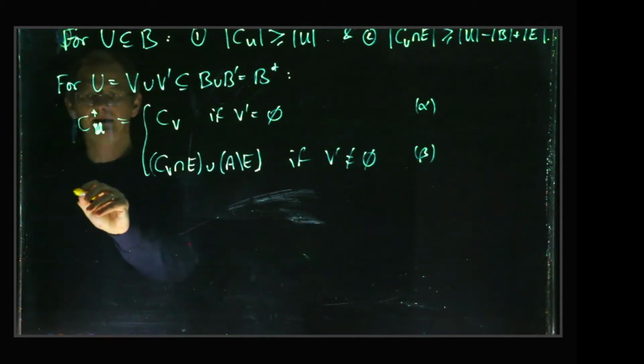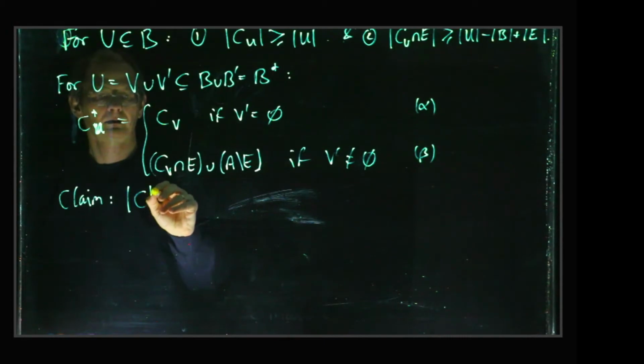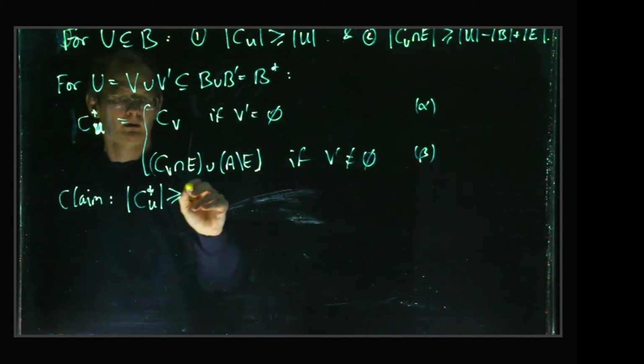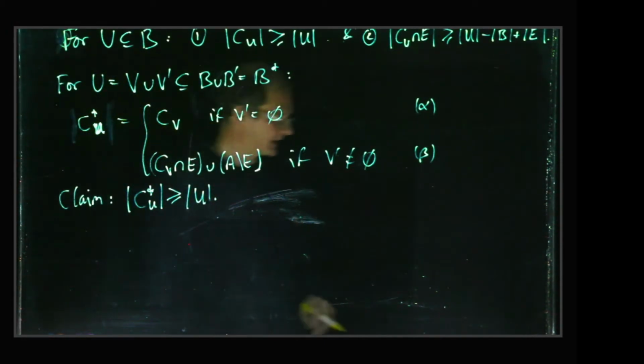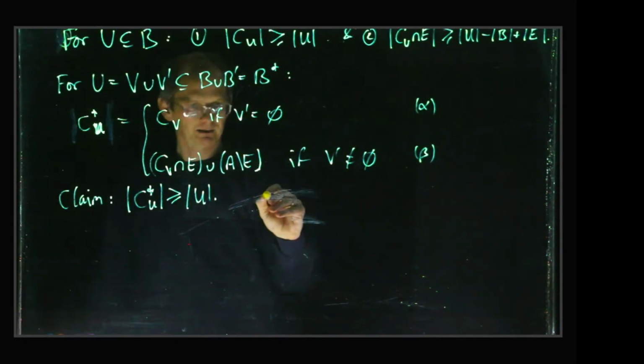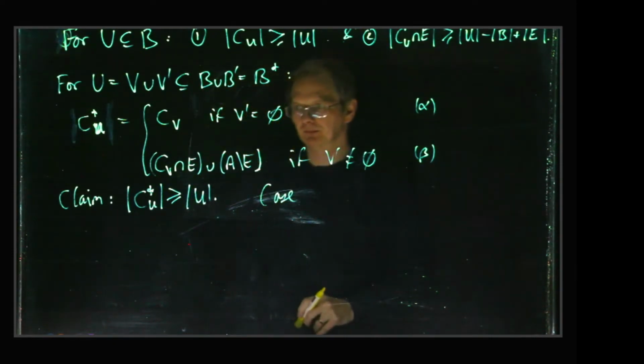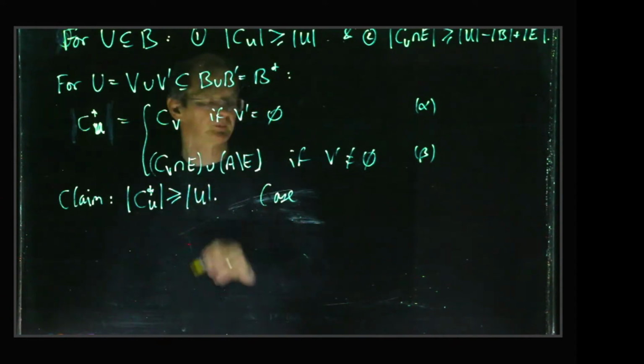So we want to claim that the size of C star U is always at least as large as the size of U. In other words, that this extended matching problem, which includes the fake jobs, still has this plausibility condition.